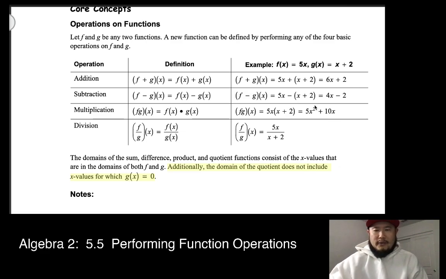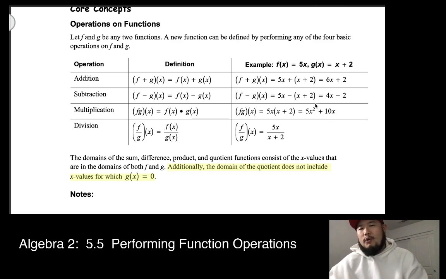The key to these problems is always to put parentheses around the terms for f of x and g of x, so that when you add them together, you don't get the signs mixed up.